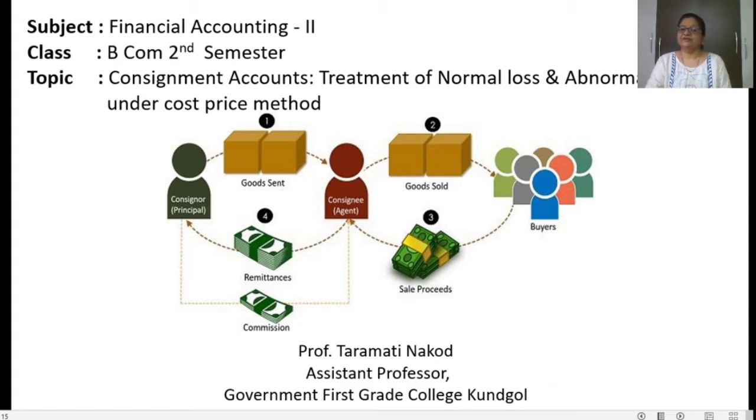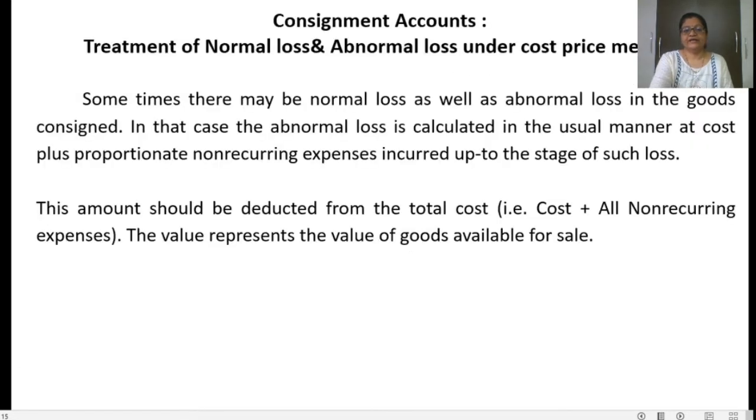Today we are going to discuss the treatment of normal loss and abnormal loss under cost price method. Sometimes there may be normal loss as well as abnormal loss in the goods consigned.